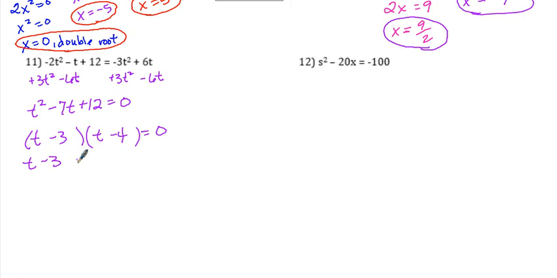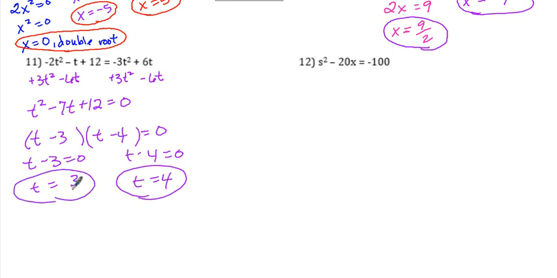Easy peasy. T minus 3 equals 0, so t equals 3. T minus 4 equals 0, so t equals 4. Those are your 2 solutions to this quadratic. Wasn't real clear when we first came upon this, but when we set everything equal to 0, factored and solved, we were good to go.